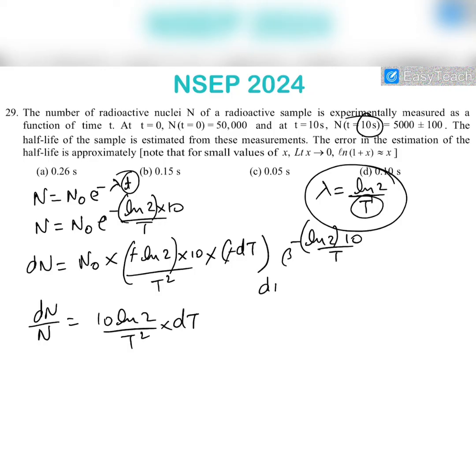Now dN is 100, N is 5000, and dT is needed to be calculated, and T can be calculated by this data.